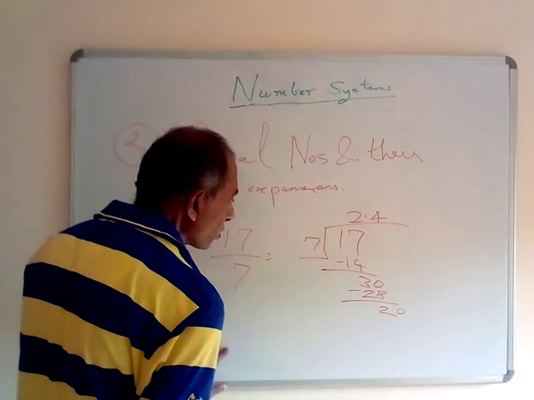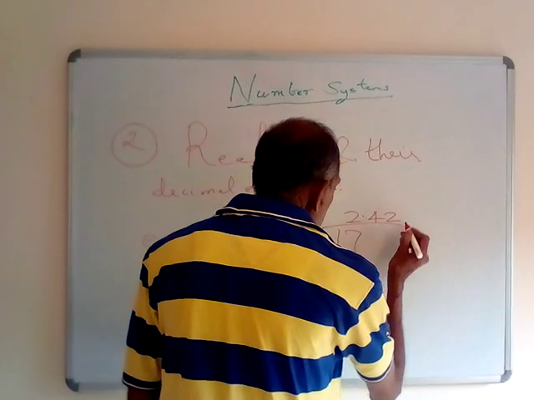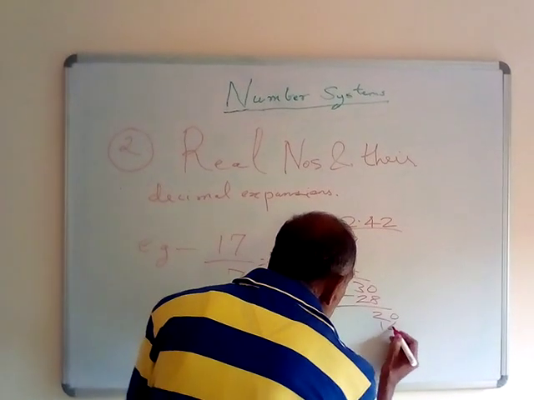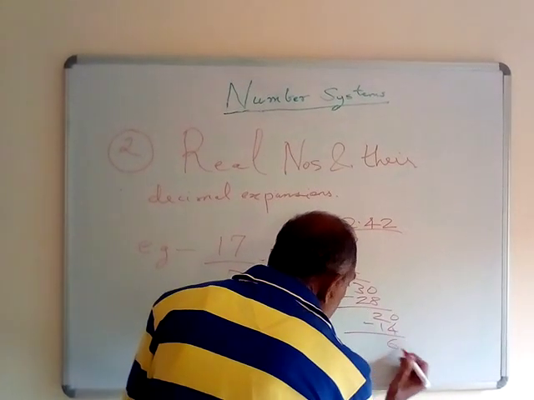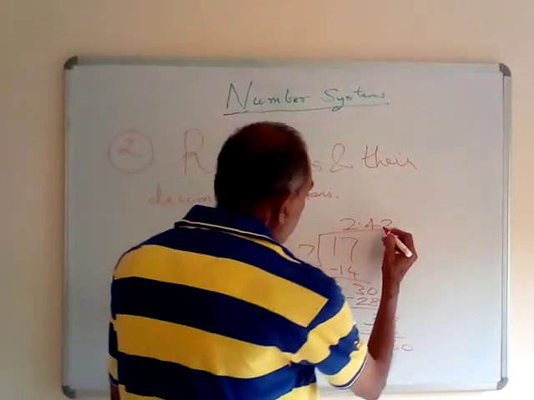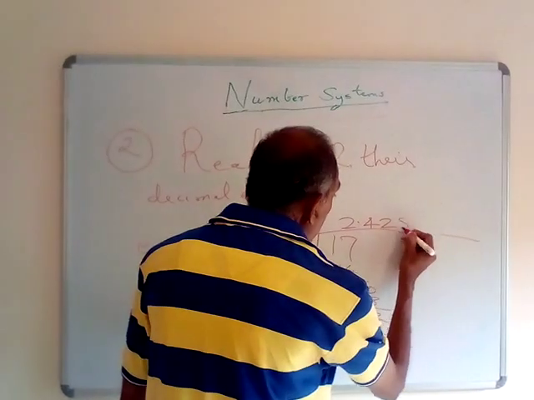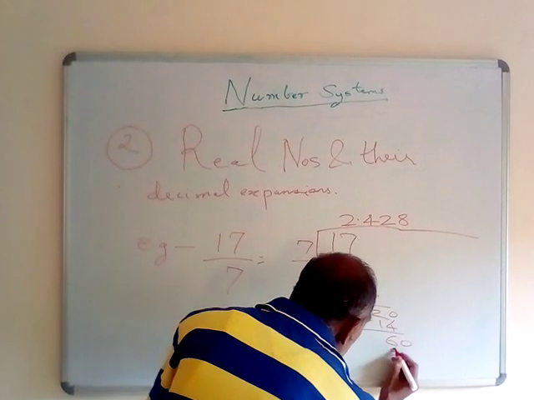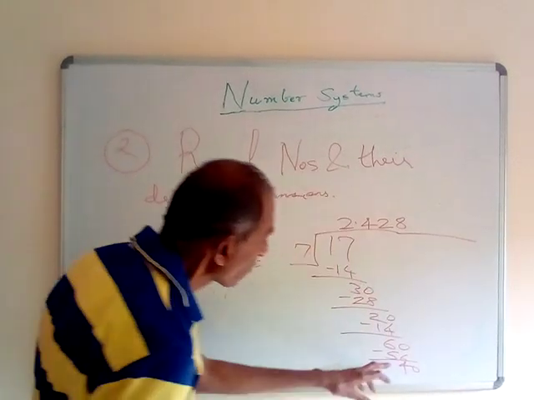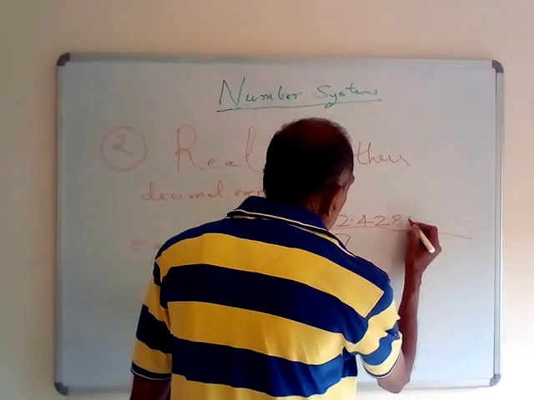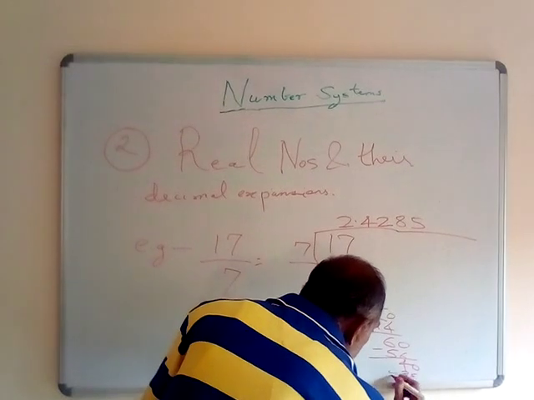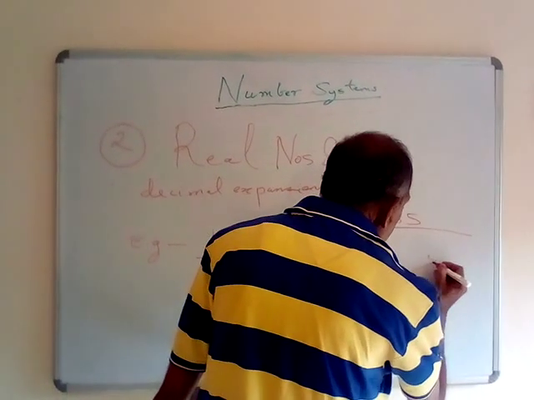We bring here 0. 7 2s are 14. Remainder is 6. We bring a 0. 7 8s are 56, minus 4. So we get 40. 7 5s are 35. Okay, so here the remainder will be 5.